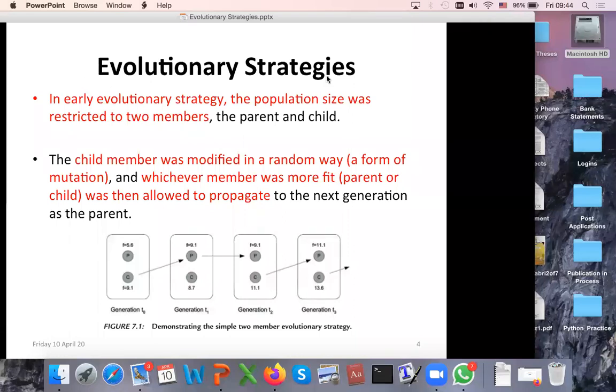At that time, the child was randomly modified through only the mutation operation. This is another thing: at that time there was only one operation available for modification, and that is called mutation.